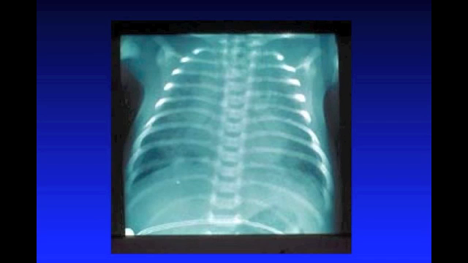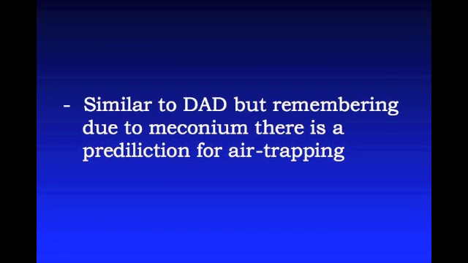And so you have to have a little longer expiratory times and slower frequencies in these kind of patients. And this is a baby with severe meconium aspiration who has a lot of air trapping and obviously wound up with a lot of air leak associated with it.